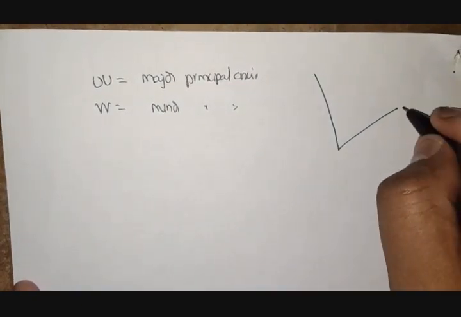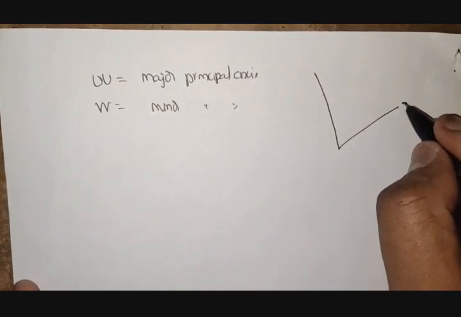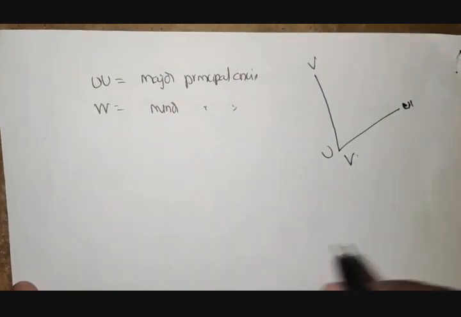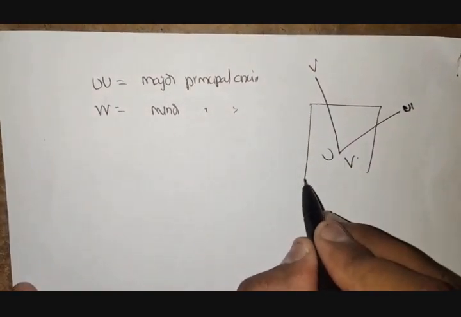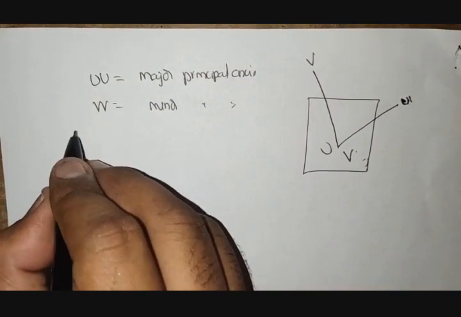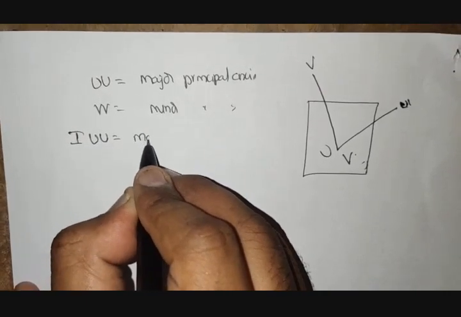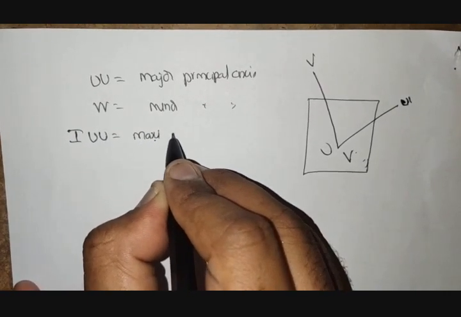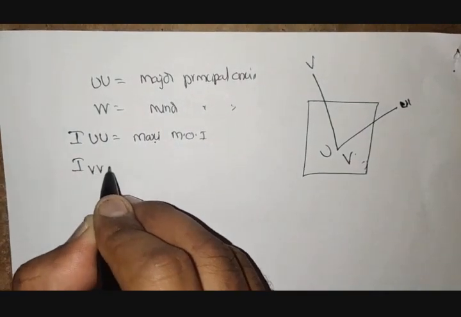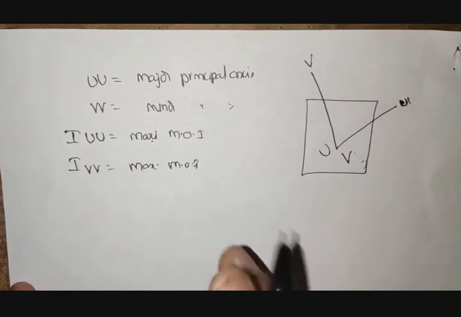So I consider the axes as UU and VV for the figure. Then the maximum moment of inertia will be Iuu, and similarly Ivv is the minimum moment of inertia.